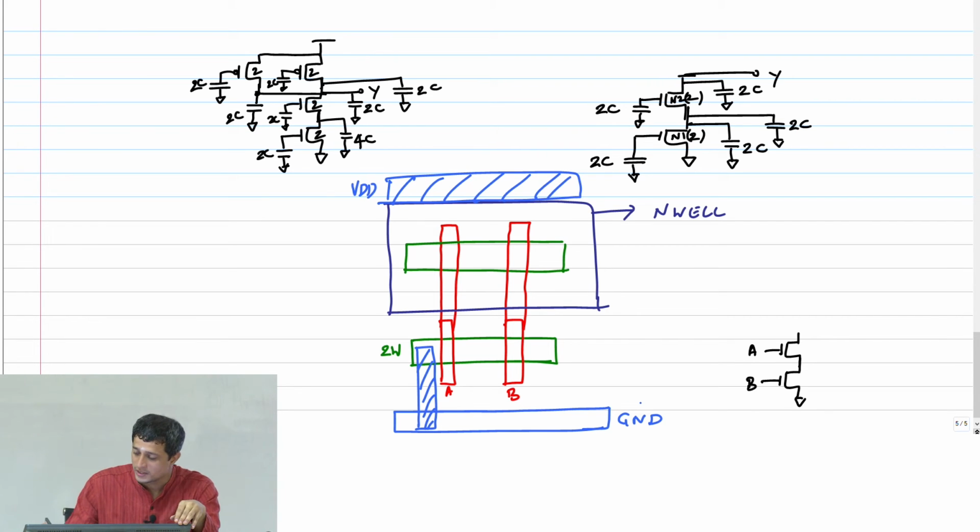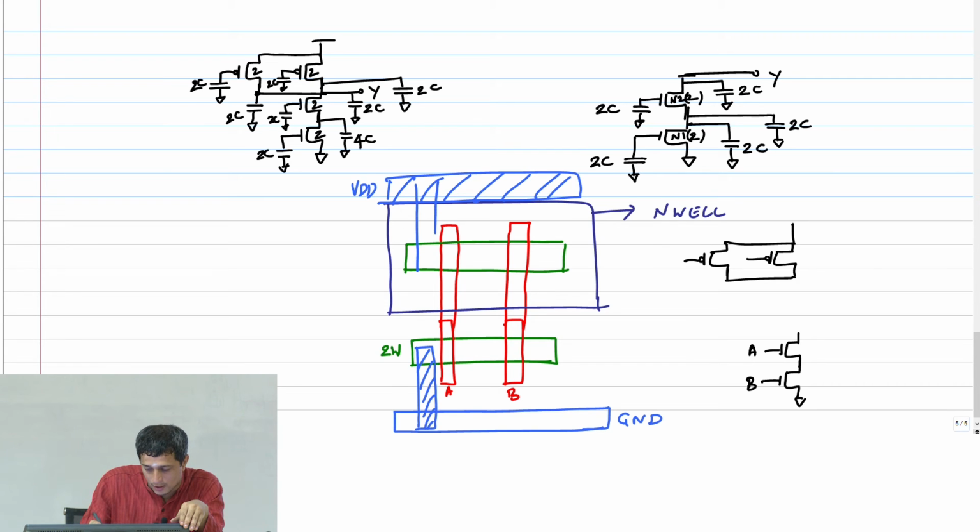So now what am I going to do? I am going to construct this parallel PMOS stack, right, and take it up to VDD, right? So I'm going to simply connect this guy to VDD, this guy to VDD.